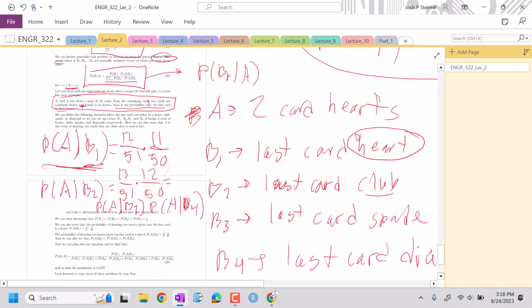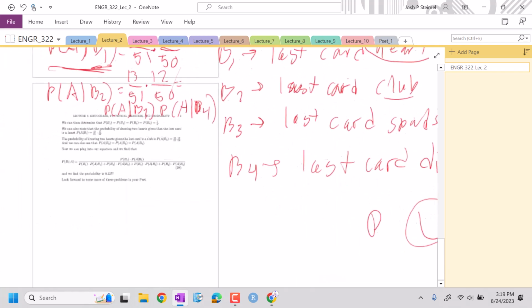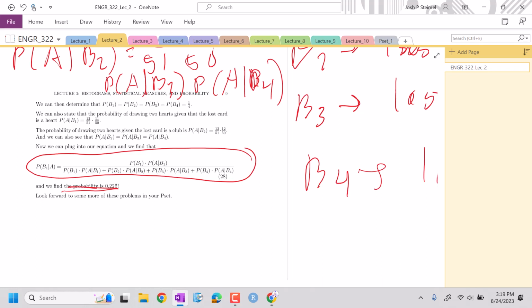So I can plug in everything in my expression here and we can find that probability. This is a powerful tool and technique, especially when you're given multiple scenarios that can be occurring.